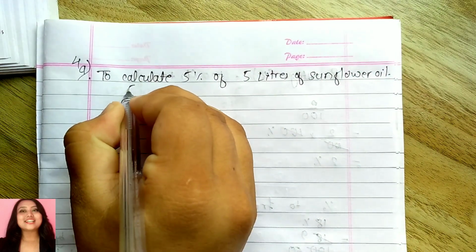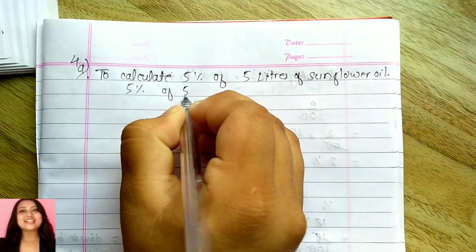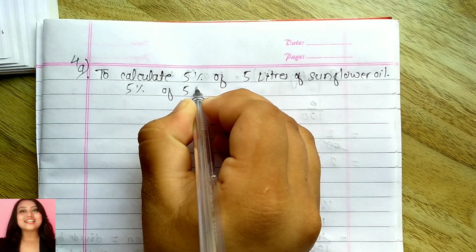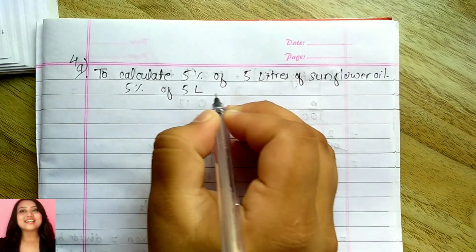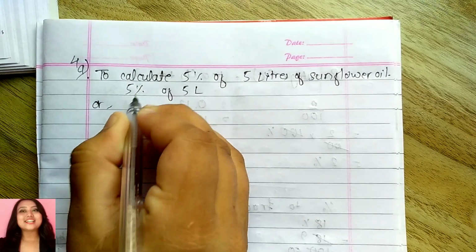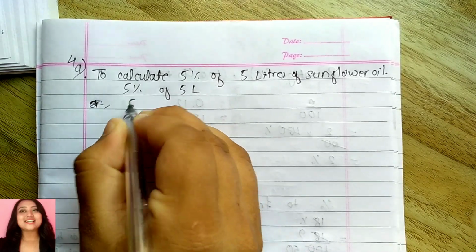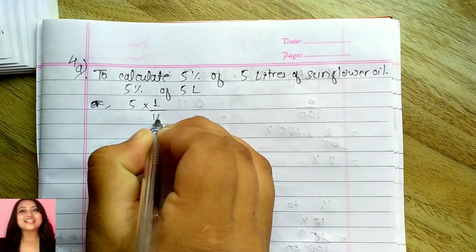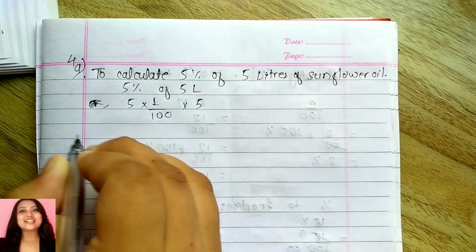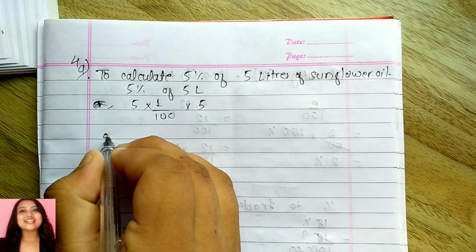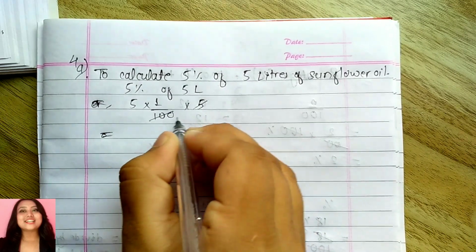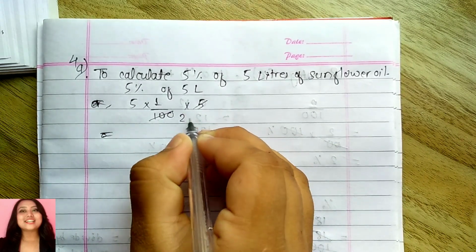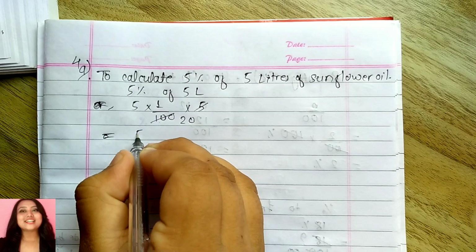That means 5% of 5 liters. Either you can convert it or you can directly do it. Now this percentage will be 1 by 100 into 5, equals 5 2s are 10, 5 zeros is 0. Now the remaining is 5 upon 20.